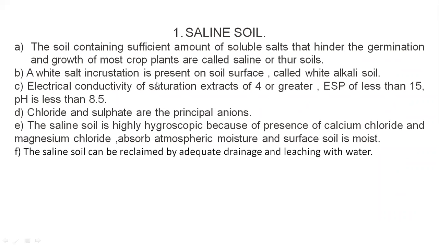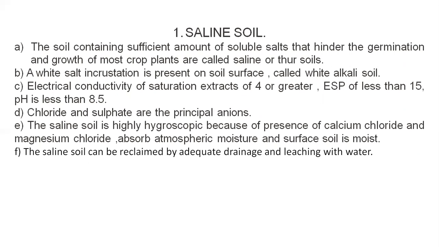Electrical conductivity of the saturation extract is 4 or greater. What is a saturation extract? Sometimes it is made in the laboratory. We take a known sample of soil and immerse that soil in water.